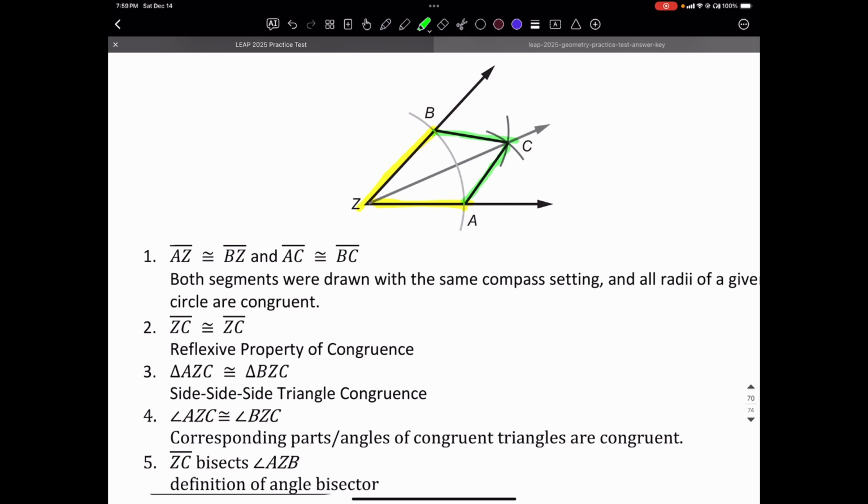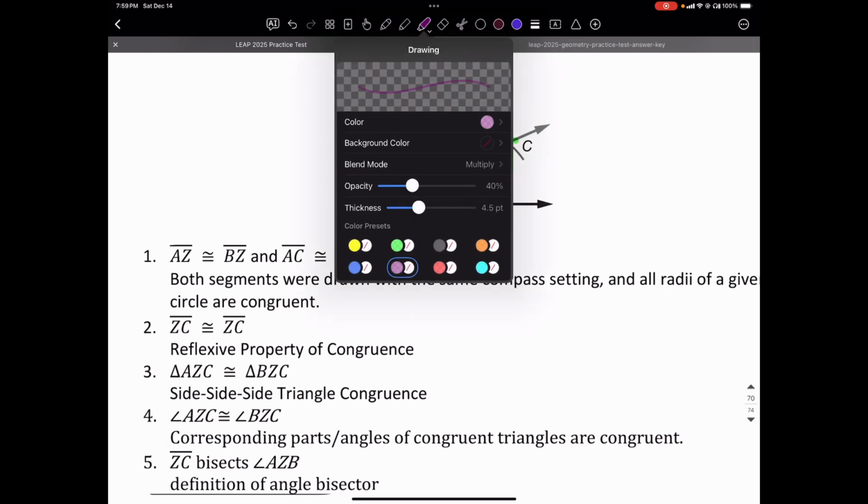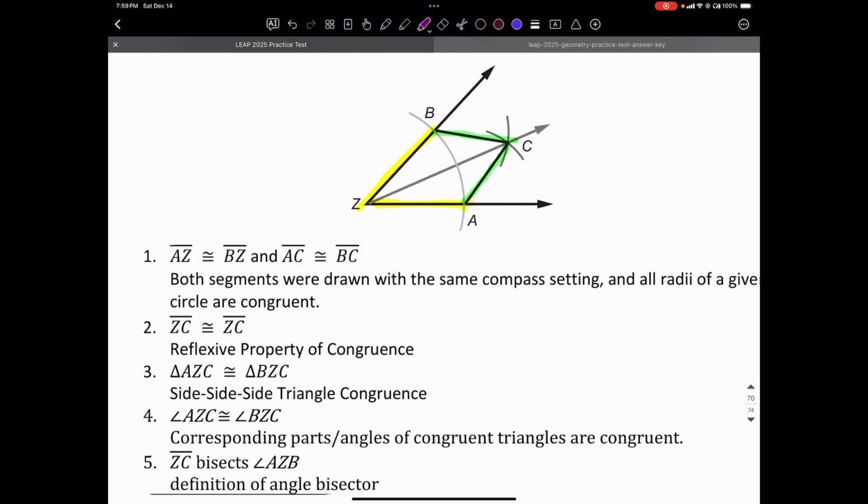So number two, ZC. So let me highlight that. ZC is congruent to ZC, right? And that's because of the reflexive property of congruence. So if you're kind of missing what they just did, basically they said, okay, you have one side length here, you have one side length here, and then you have another side length here.